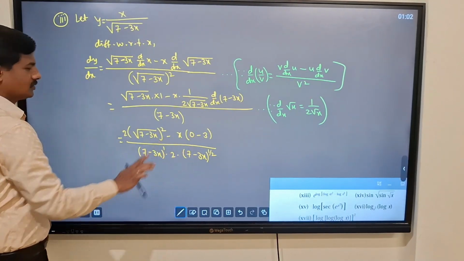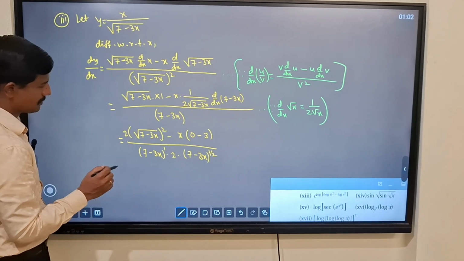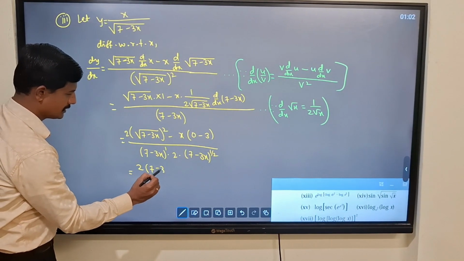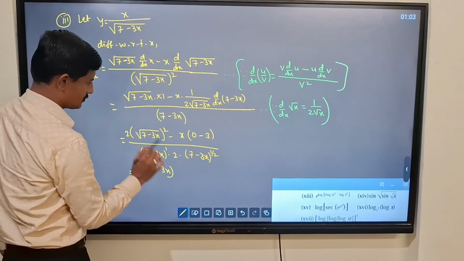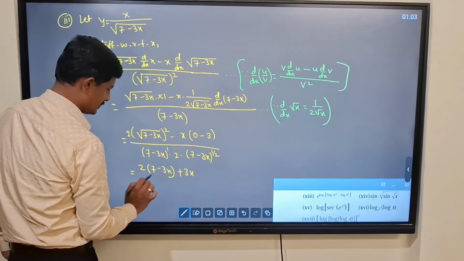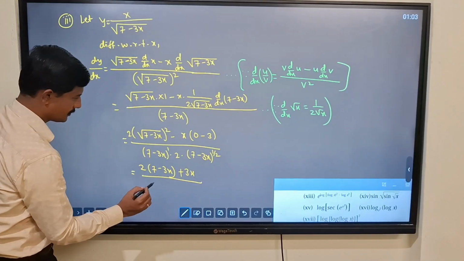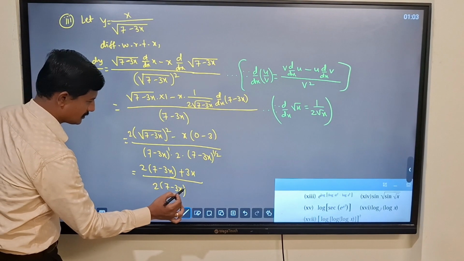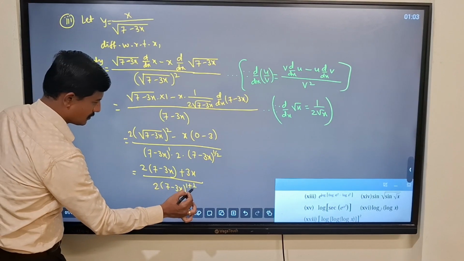Now the base is same, so we have to add its power. This becomes 2 into 7 minus 3x, square and square root get cancelled, minus minus becomes plus 3x upon 2 into 7 minus 3x raised to 1 plus 1 half.